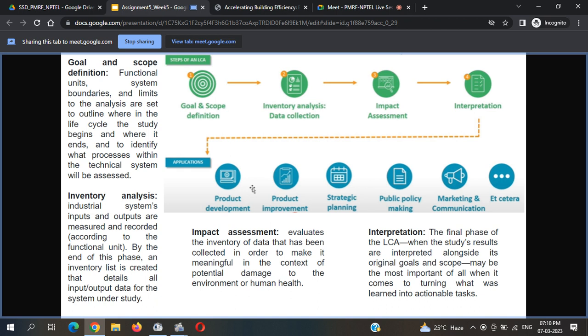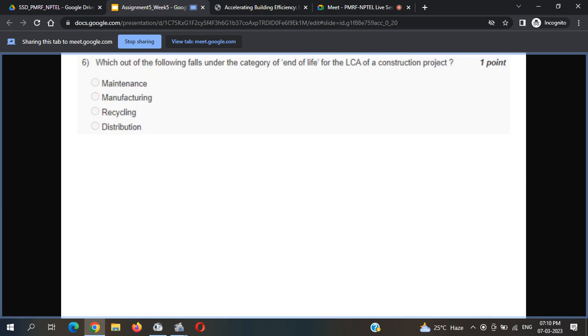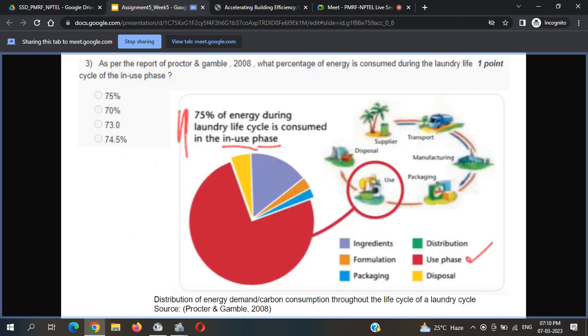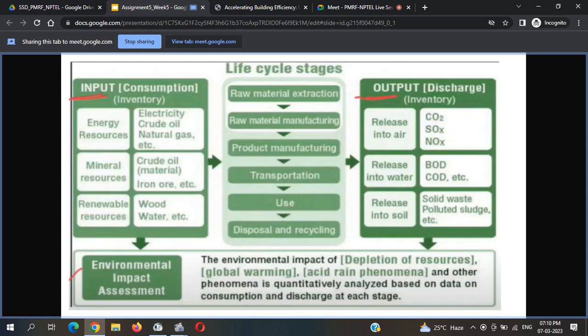Next is impact assessment. Now, as we saw here, by creating an inventory, you have all the input and you have all the output. So using all the input, you can see, by taking all the input from the natural environment, what impact you're creating on the environment.